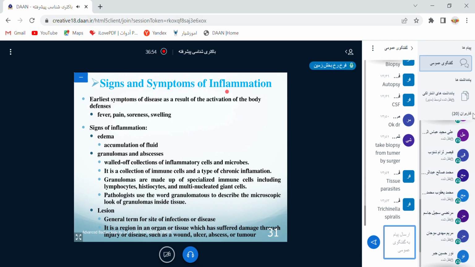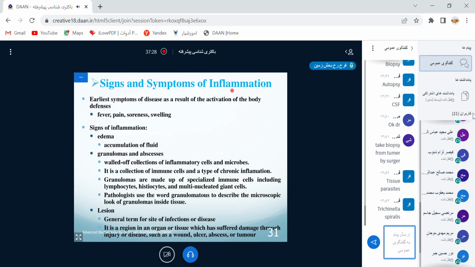Signs and symptoms of inflammation. When a population of bacteria in our body can persist, can attack our body, in this place there is a war between the immune system, different cells, different antibodies, and those bacteria.